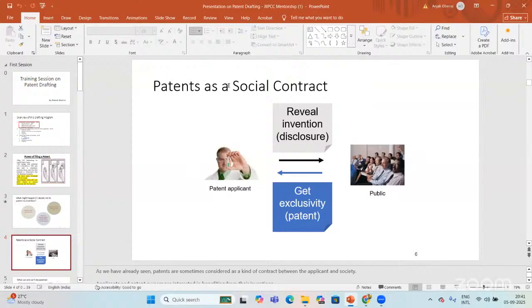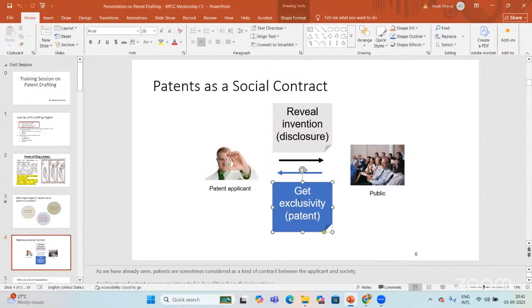So a patent is a social contract between you and the government. You disclose the invention in a well documented manner to the public through the government, and the government gives you an exclusive right. What does exclusive mean? To exclude others.